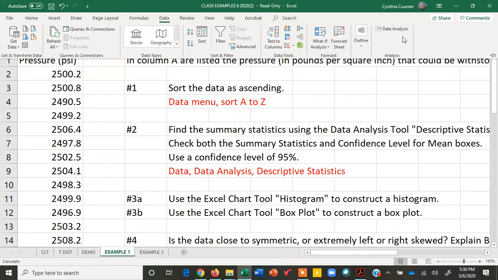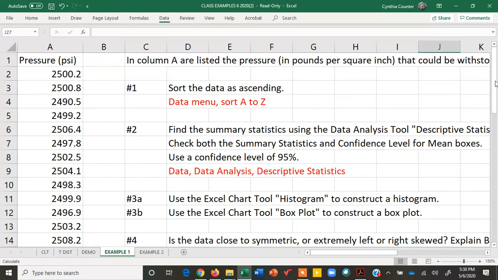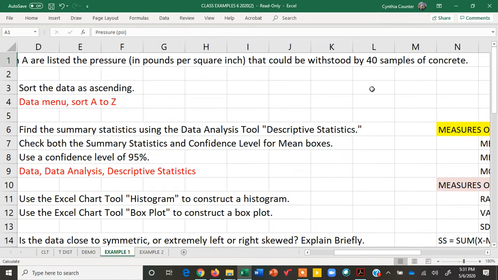Now, before I actually get to that though, I want to show you one simple thing that you can do in Excel when you have data. So we're working with quantitative data now. So we have a list of numbers, numerical data. This represents pressure in pounds per square inch, or PSI, of 40 samples of concrete and the pressure they could withstand.